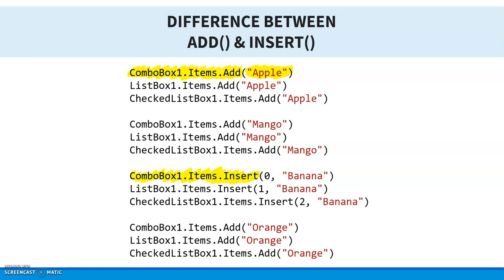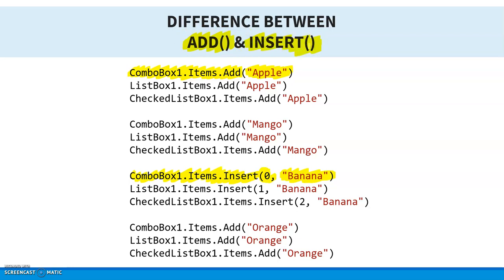When you are using insert, you also need to provide the index, where you want to insert. Adding means it will always add the value at the end, right? But when you say insert, it means at a particular location, at a particular index, and you need to provide the index value along with the item name. This is the way you can differentiate the add method and the insert method.